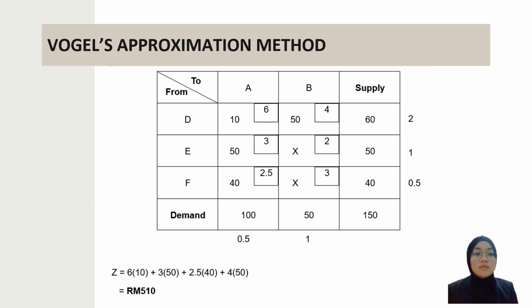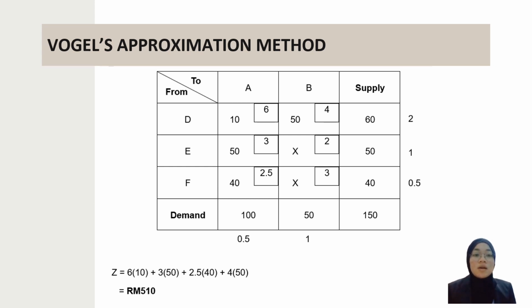We start with the row with the highest penalty cost, which is 2. Fill the cell that has 4, which is the lowest transportation cost, with 50, which is demanded. Then the balance will be given to the next cell in the same row. The rest of the supply, that is 50 and 40, will also be given to column A to meet the demand of 100, as the demand for column B has been met.